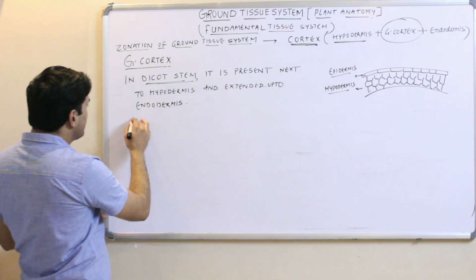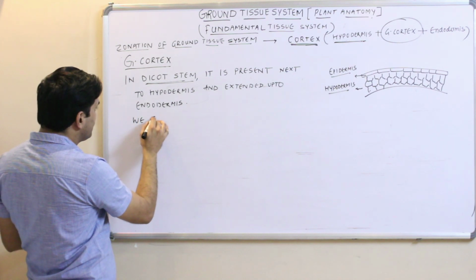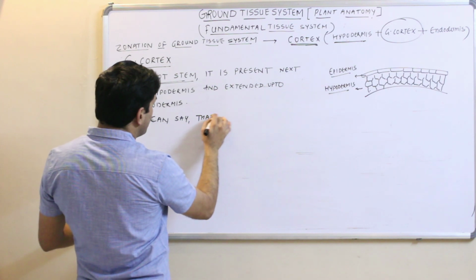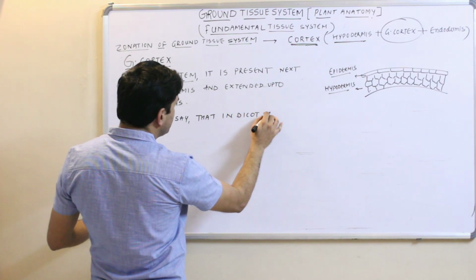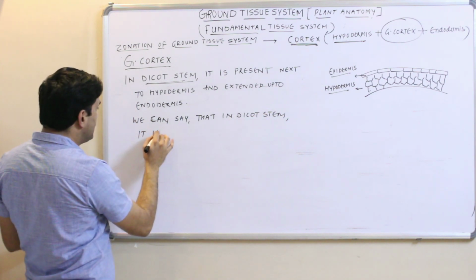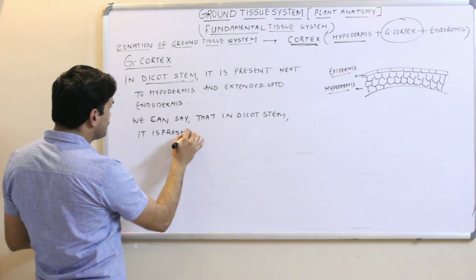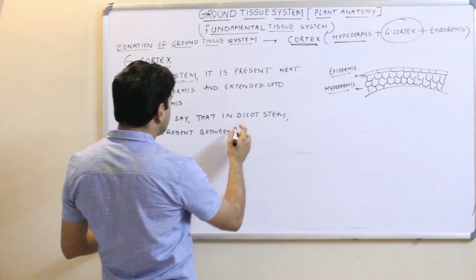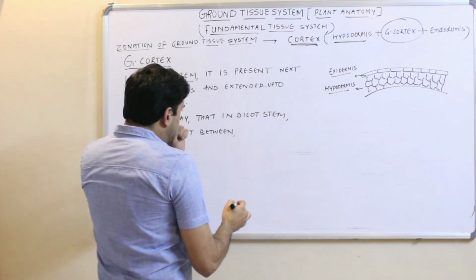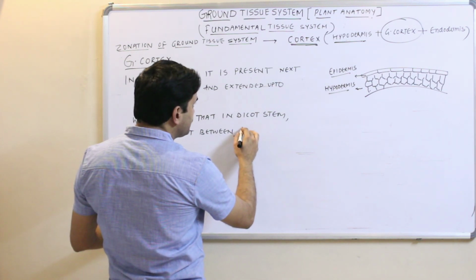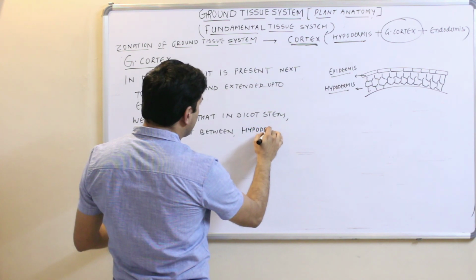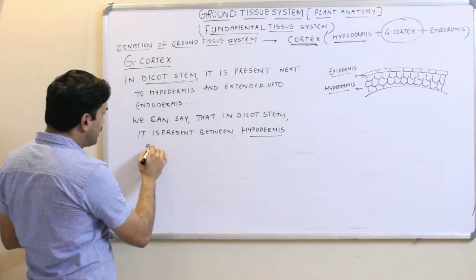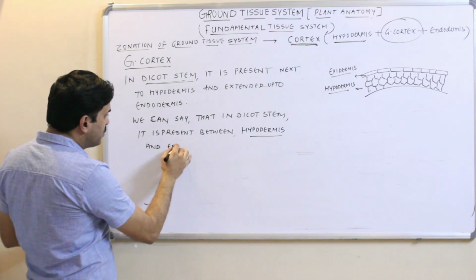Means we can say that in dicot stem it is present between hypodermis and endodermis.